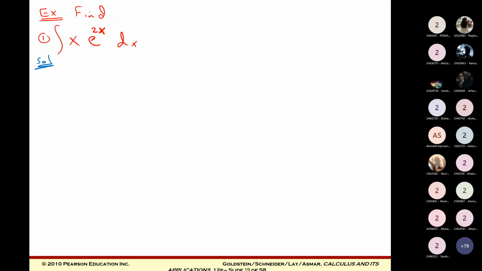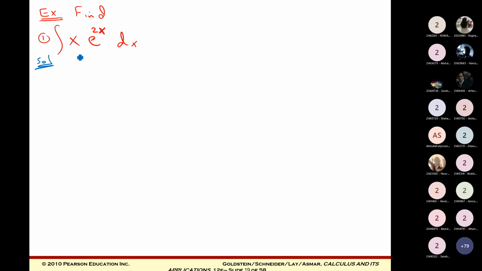Here, this is by parts. Now, we need to suppose f of x, whose derivative goes to the constant, and we put g of x such that we can find its integral in an easy way.